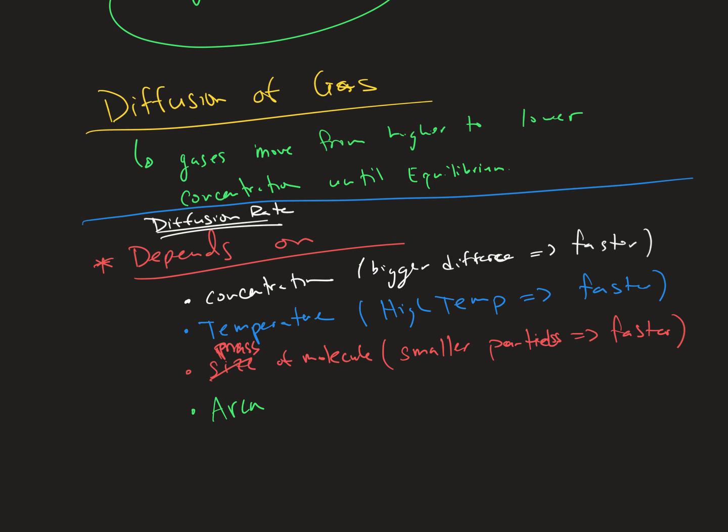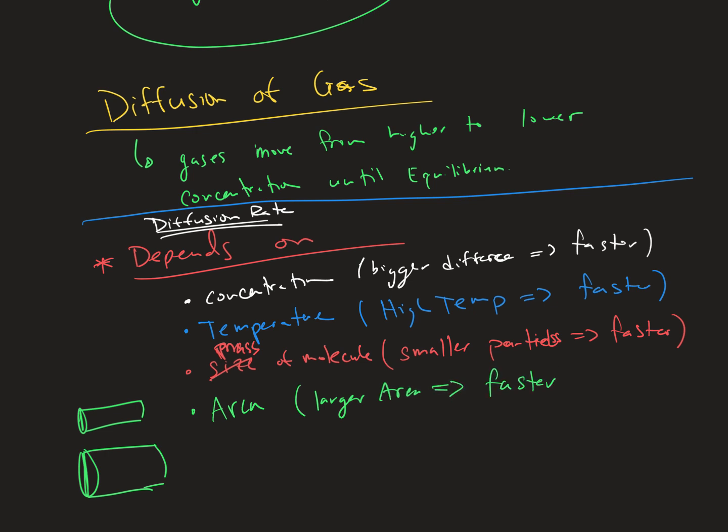So like if we have a tube here and a bigger tube here, which one is going to disperse faster? Larger one has more space, right? Okay. So this area right here versus here, larger area is a faster dispersion rate.